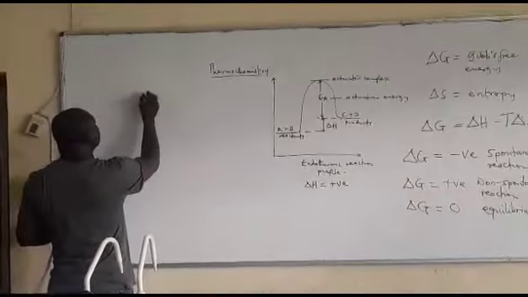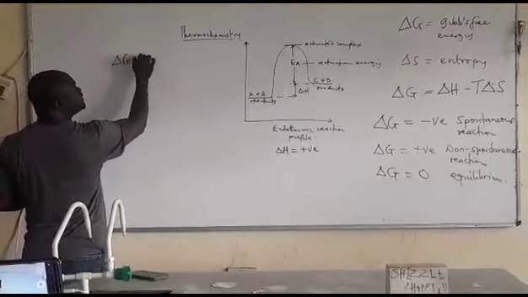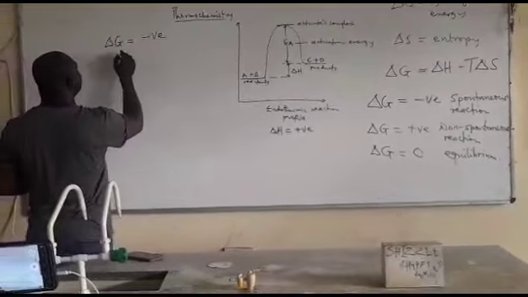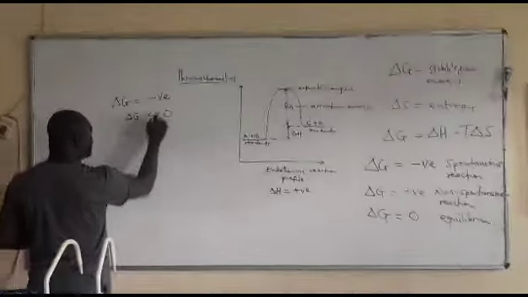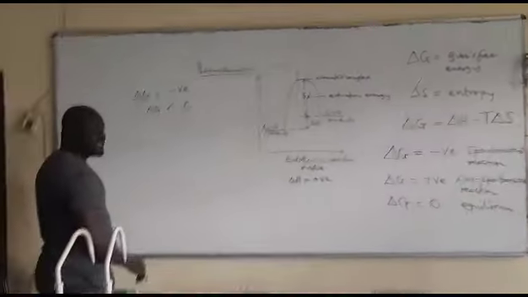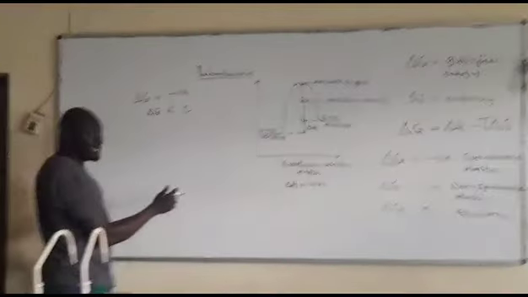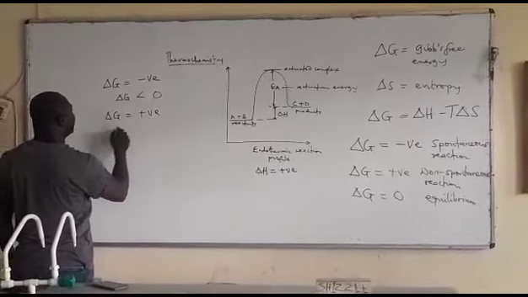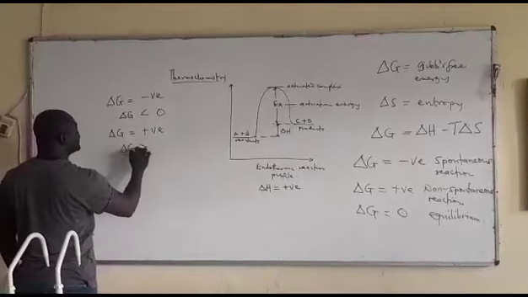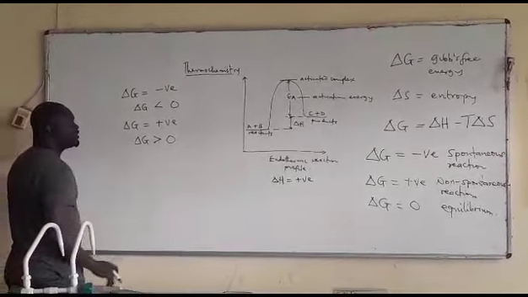When you say G is negative, what we are saying is that G is less than 0. Are we together? Any number less than 0 is negative. So when you say G is positive, what we are saying is G is greater than 0. Please let's take note.